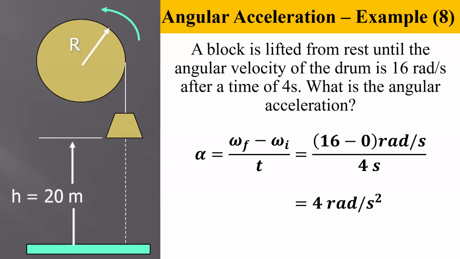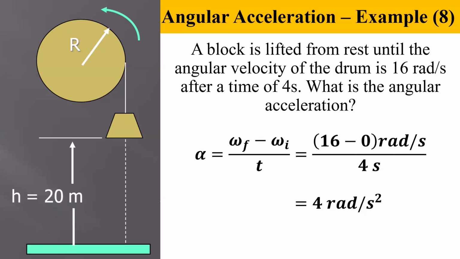So all you have to do is to say that the difference between the initial velocity and the final velocity is 16, because 0 from 16 is 16. And your time taken is 4. So that gives you your acceleration, which is in rad per second squared.